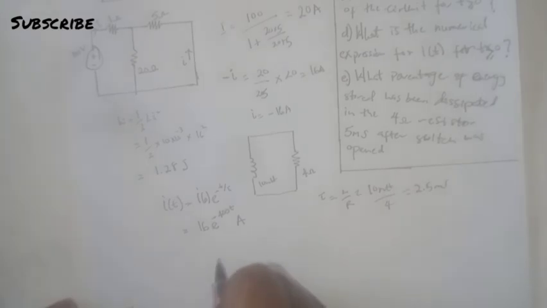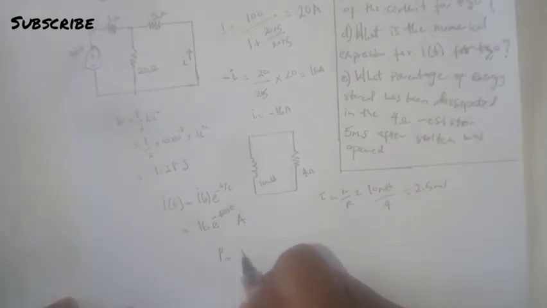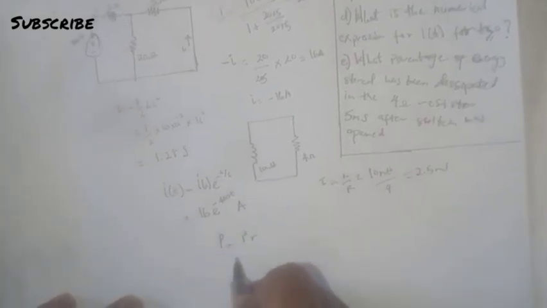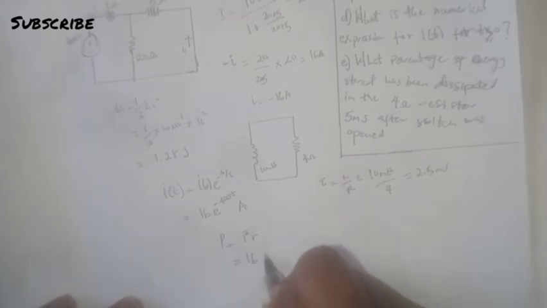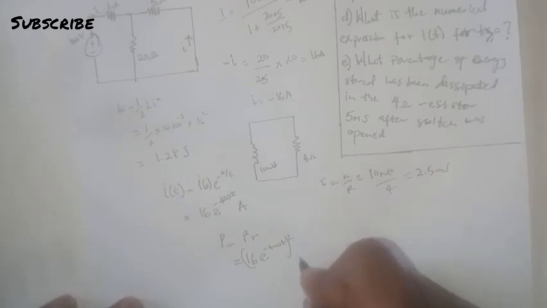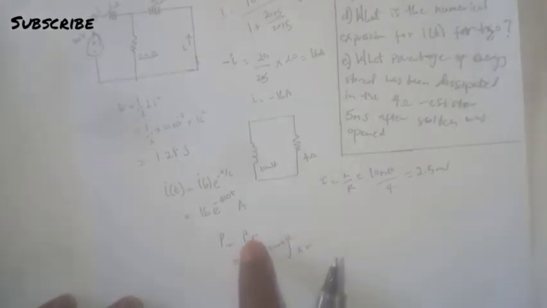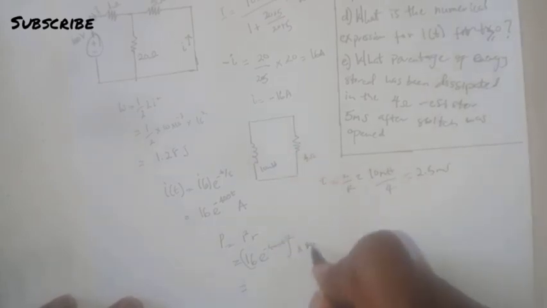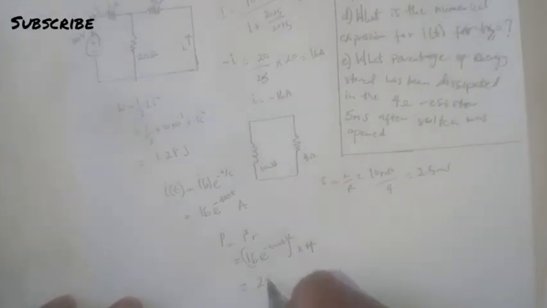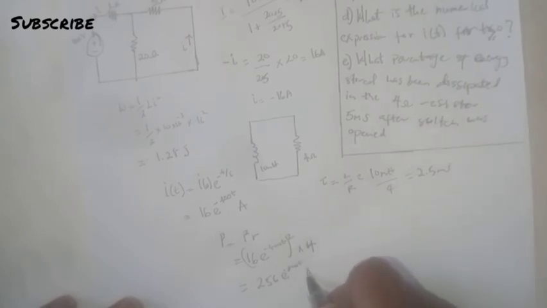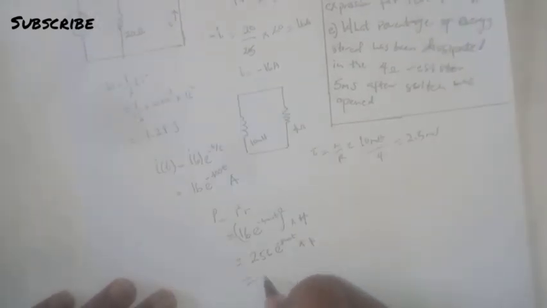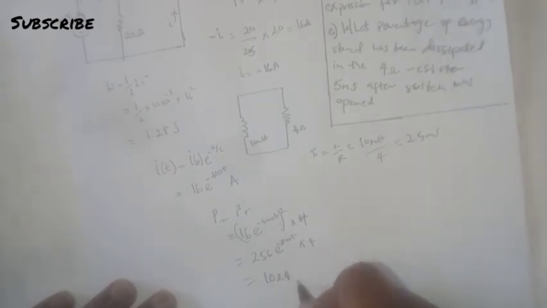Now, power P is equal to i squared R, which is 16 e raised to the power minus 400 t, squared, multiplied by R, which in this case is 4 ohms. This will be 256 e raised to the power minus 800 t multiplied by 4 to give us 1024 e raised to the power minus 800 t.